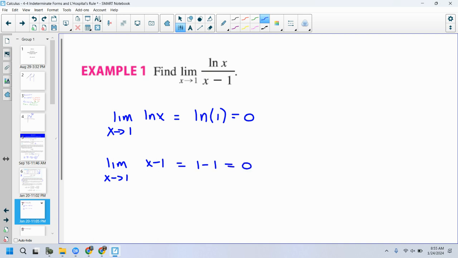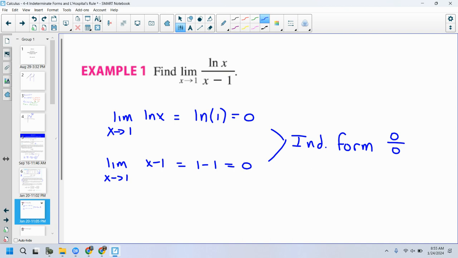Show me what type of indeterminate. Whenever you do these problems, make sure you state within the problem what type of indeterminate form you have. Do you have 0 over 0? Do you have infinity over infinity? So this is indeterminate form 0 over 0.